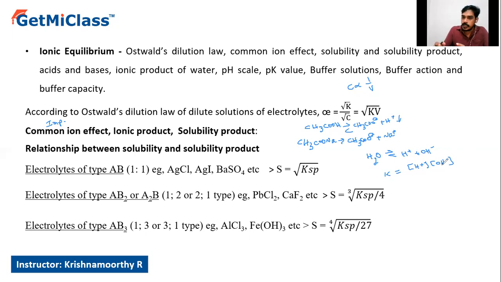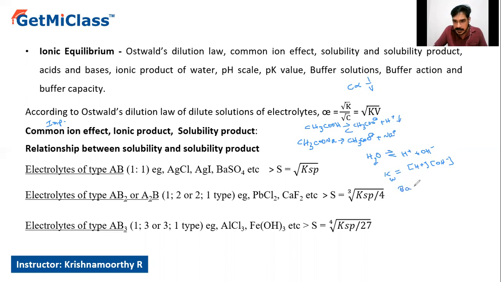But the molar concentration of water is always taken to be 1. So you can write it as Kw. So Kw means the ionic product of water, that is equal to the product of the molar concentrations of H plus ions and OH minus ions. Next one is solubility product.